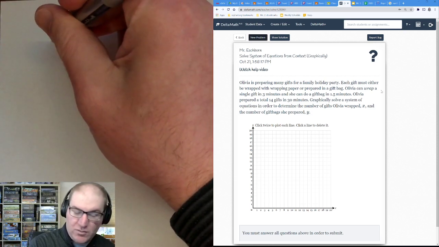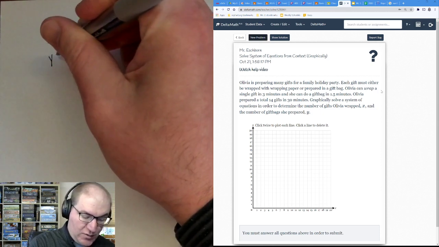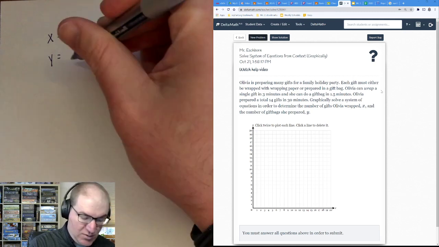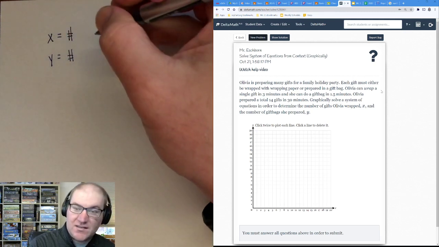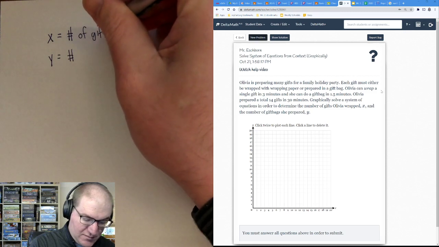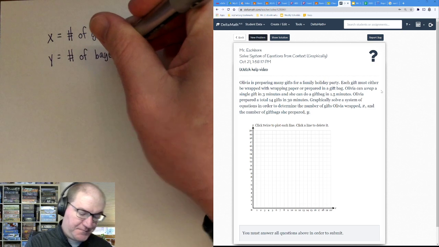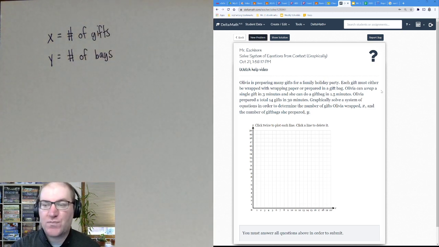So first thing you want to do in these word problems is establish what x and y, or what the variables are. These are called let statements. So x is the number of gifts, and y is the number of bags. When you do these problems, you always want to see if there's two separate facts that you can use to make two equations.